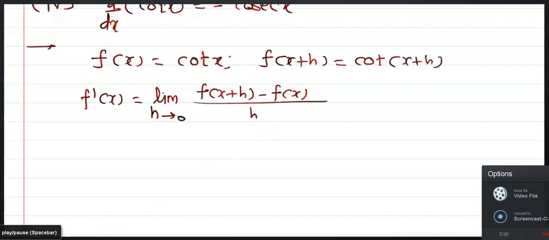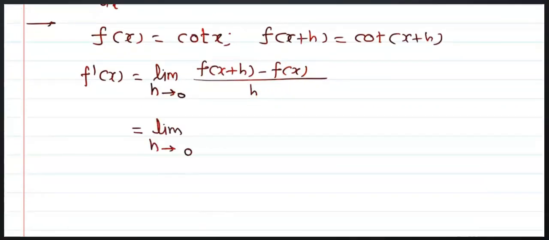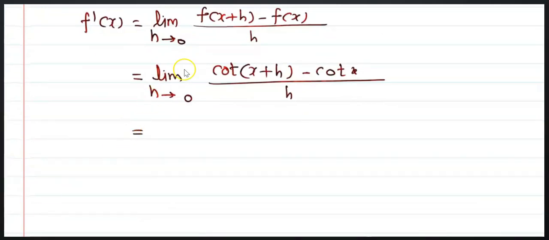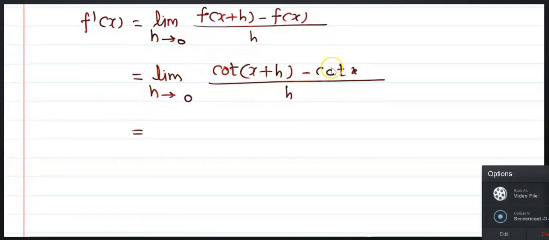Now substitute the values. That is cot of x plus h minus cot of x upon h. But what is cot? Cot means cos of x plus h upon sine of x plus h minus cos of x upon sine of x.